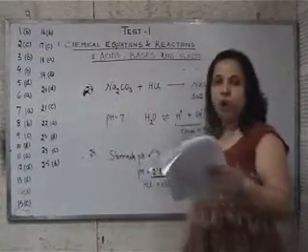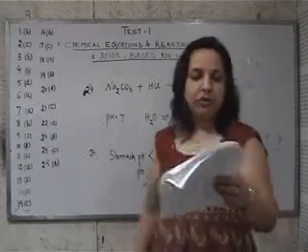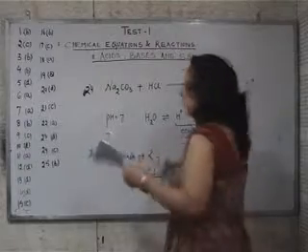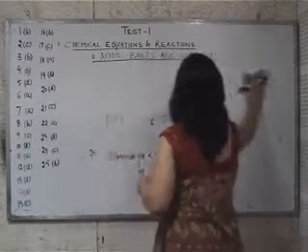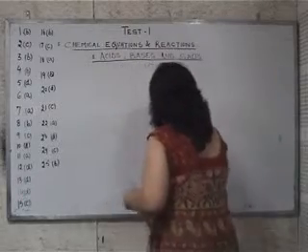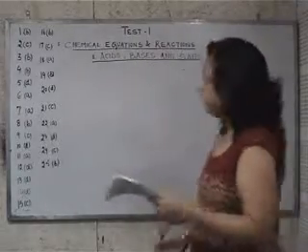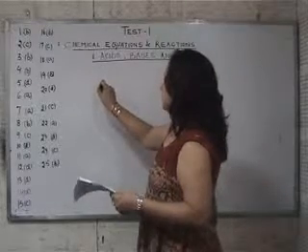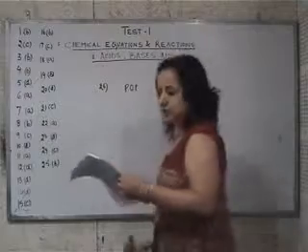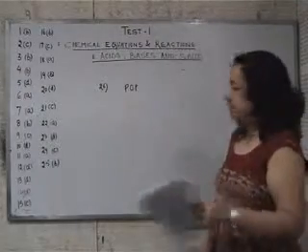26th question: how many molecules of water of crystallization are present in a molecule of plaster of Paris? Question 26 is about POP. POP and plaster of Paris are the same thing.